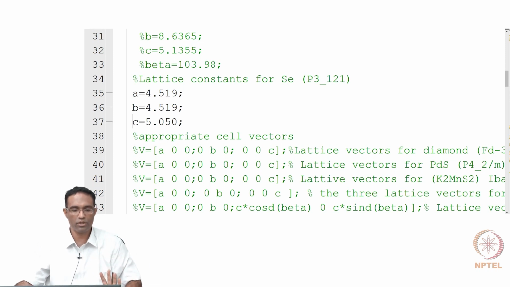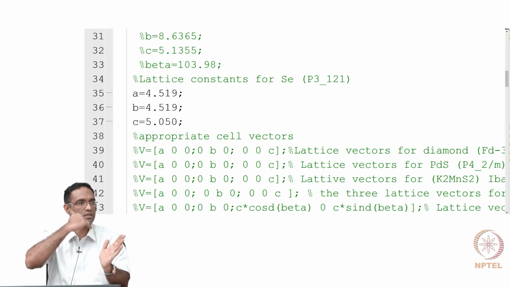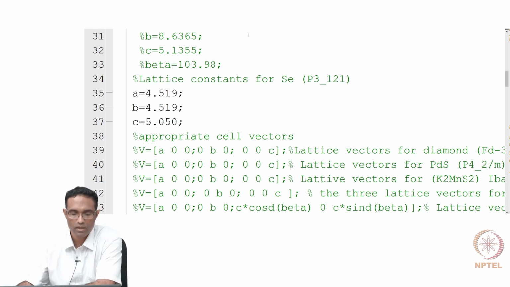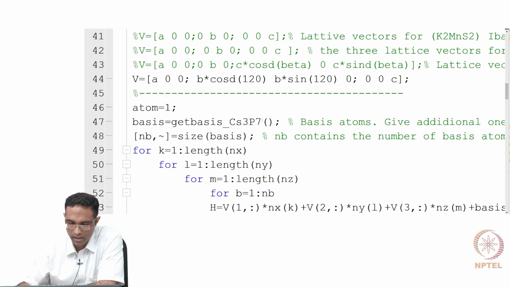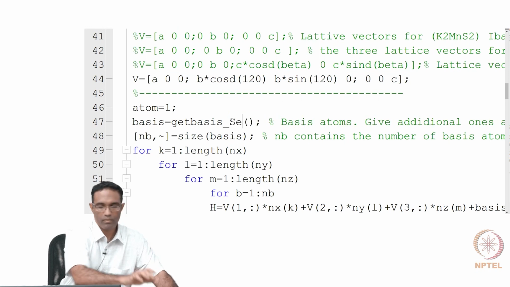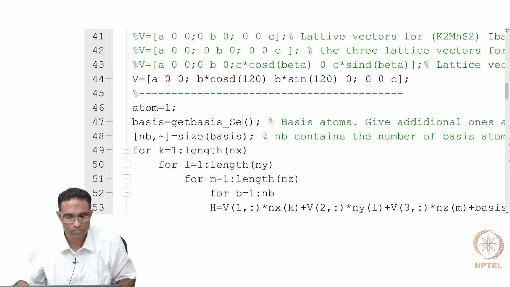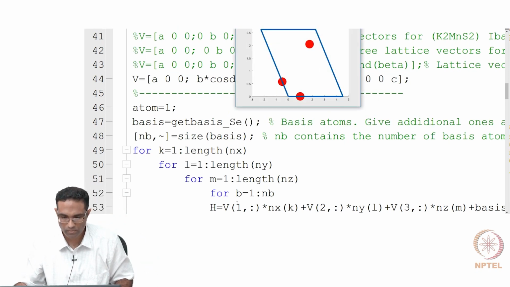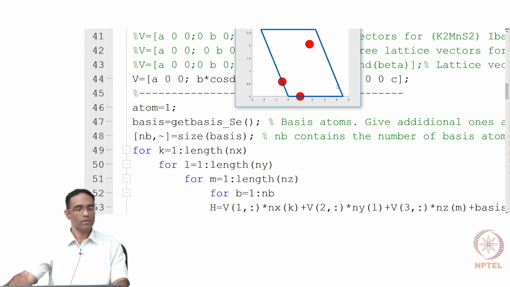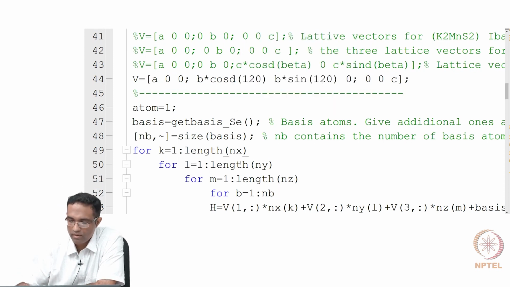By looking at the lattice constants, you can know this is A, this is B, and this has to be C. It's pointing outwards, and I have to change this one to Se. That's it. So let us take a look at where these atoms are actually located.